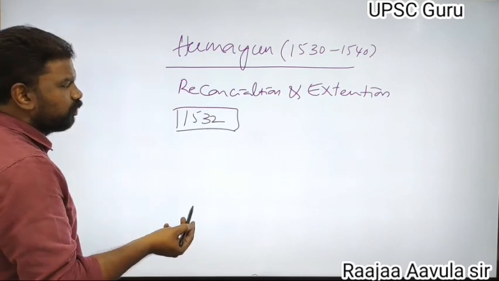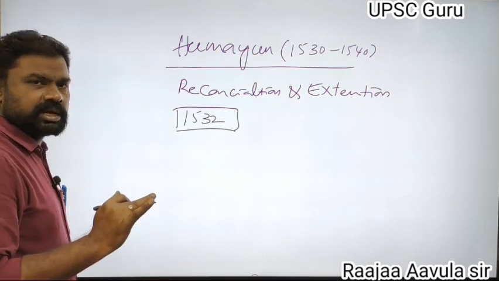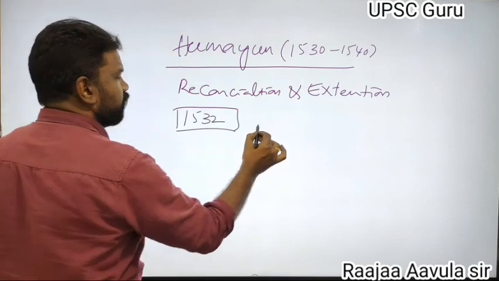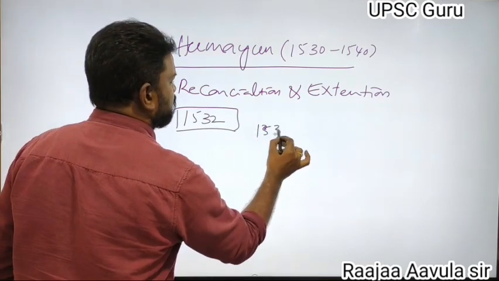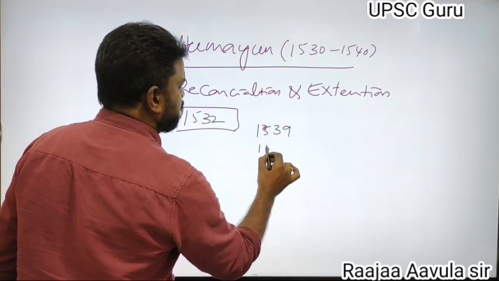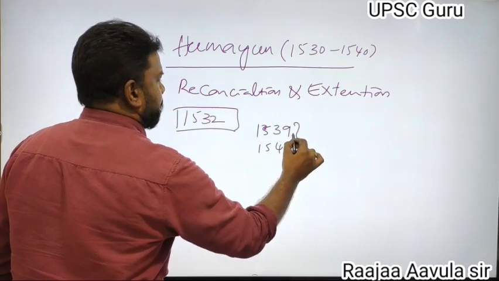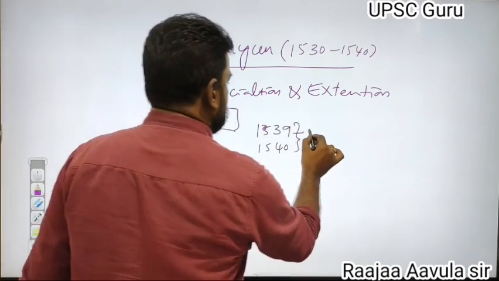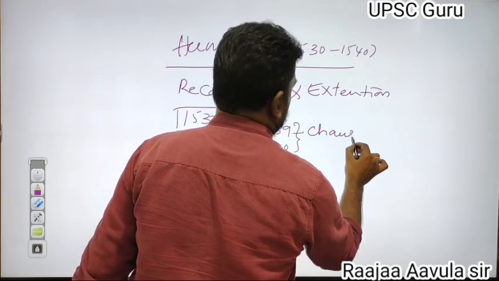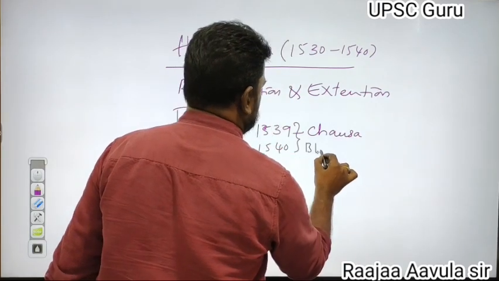He could not concentrate on the administrative system because of the wars of 1539 and 1540, the Battle of Chausa and the Battle of Bilgram.